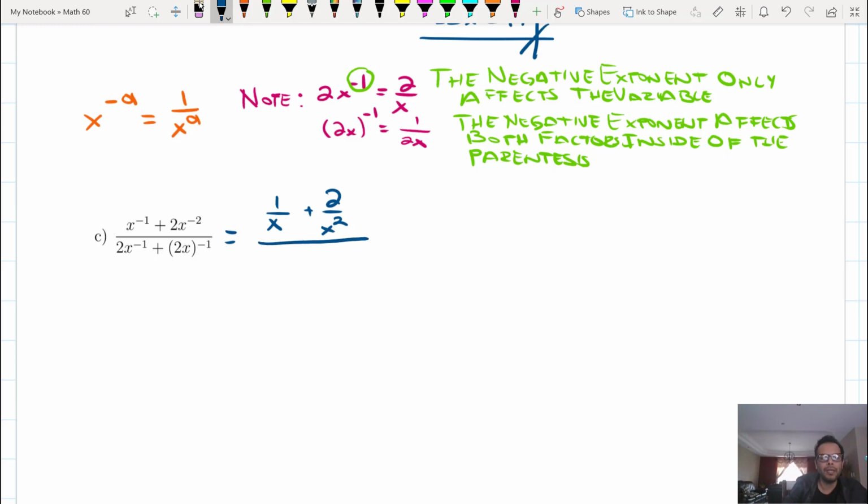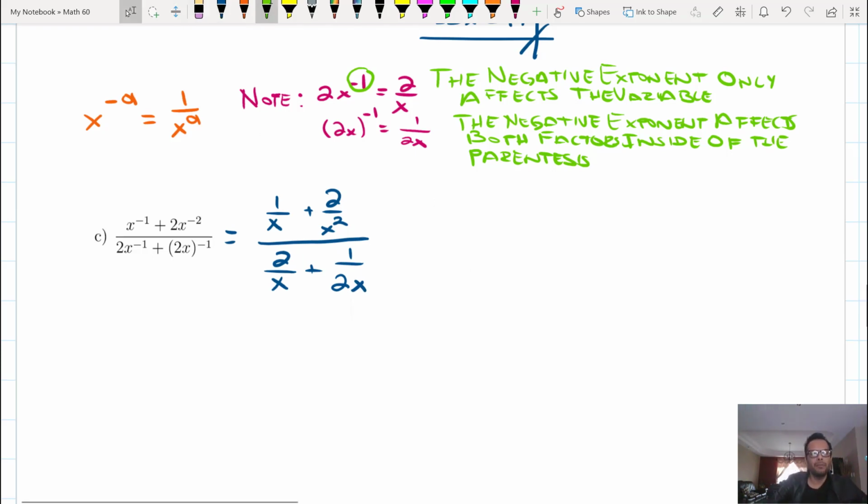And then the whole thing divided by, in this case, let's use what we have in the notes here, 2 divided by x and 1 divided by 2x.